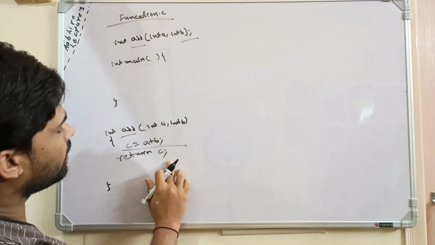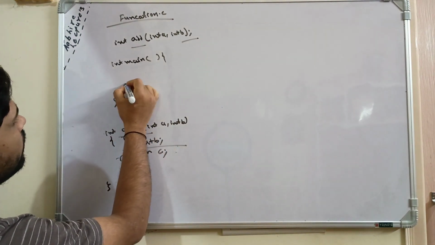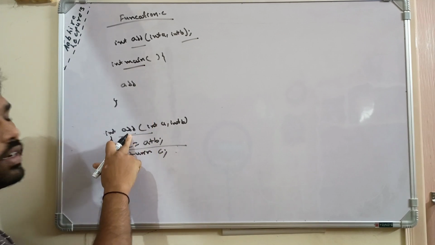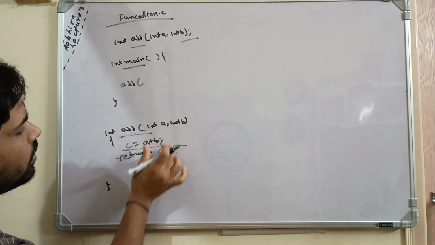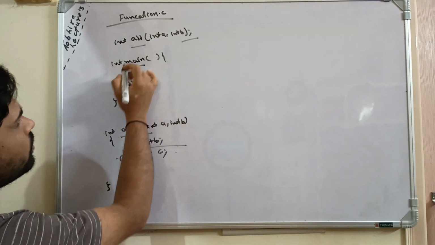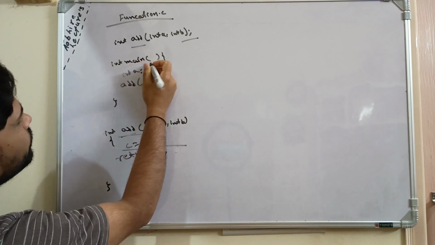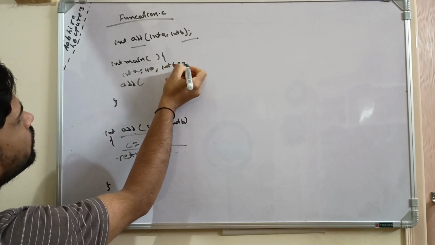And we return c. Now I will call this function in the main function, which calls the function that is already created. So add takes parameters, but we have not given any values, so here we can declare int a equal to 40, int b equal to 20.